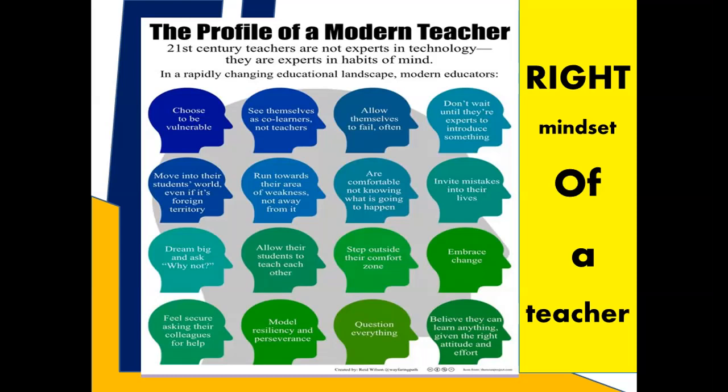So all of these characteristics can be associated with a modern teacher. The question is, are we willing to adopt these changes and to adhere to these attitudes, to imbibe and apply these attitudes and characteristics of a modern teacher to this modern world?